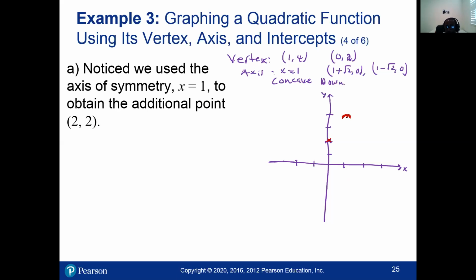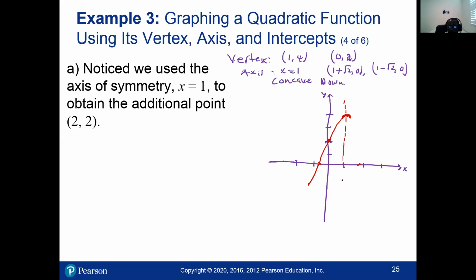The axis of symmetry passes through the 1. The x-intercept is somewhere there, and the y-intercept is somewhere there. If we join these, we're going to have this part of the graph, and the axis of symmetry passes through that.